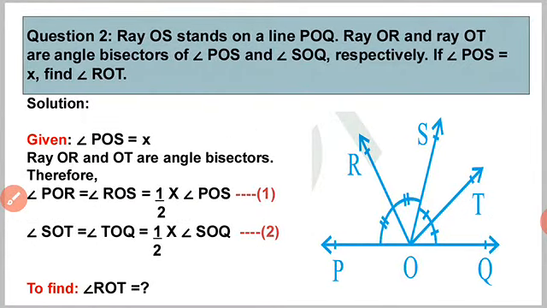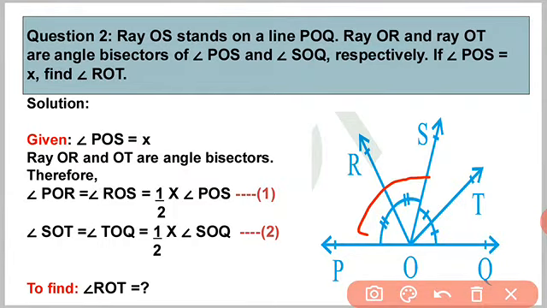Let us take the second question. In the second question, ray OS stands on a line POQ. Ray OR and ray OT are angle bisectors of angle POS and angle SOQ respectively. If angle POS is equal to x, then we need to find angle ROT.